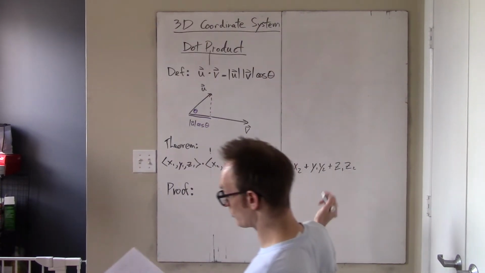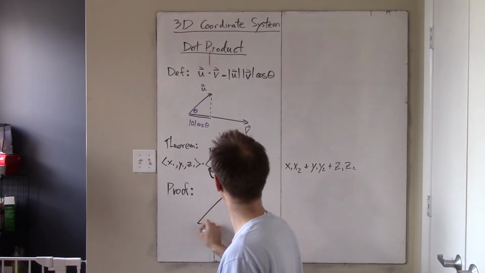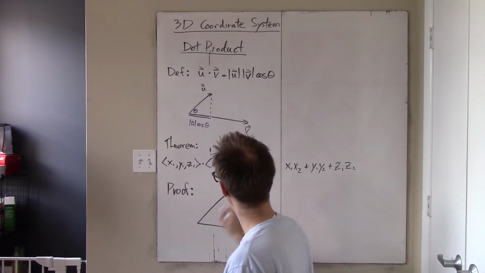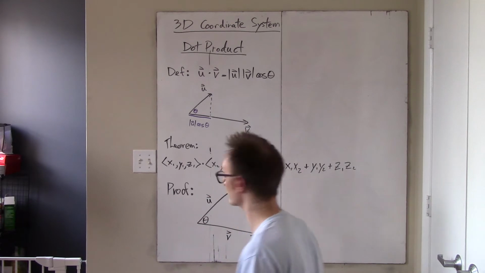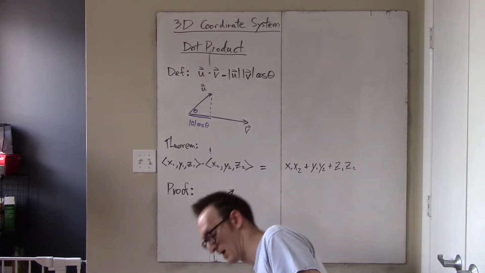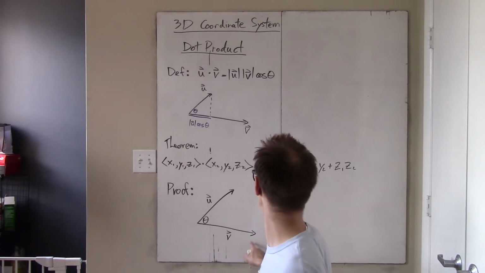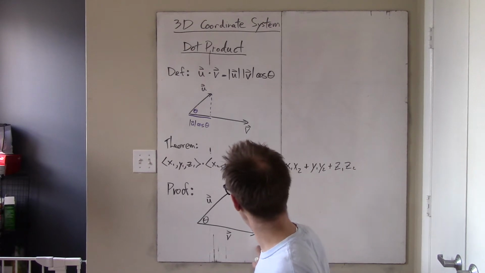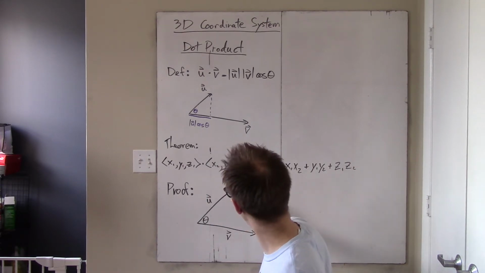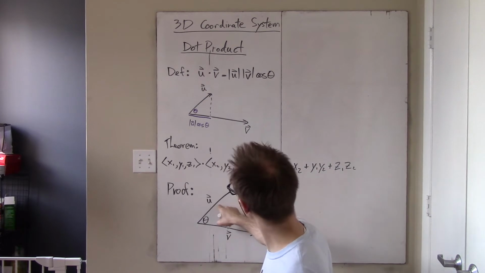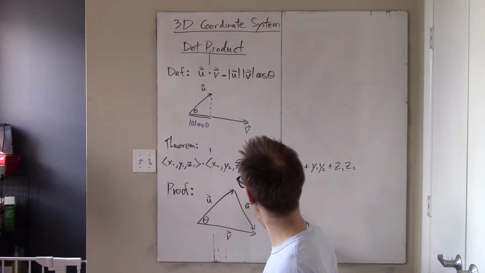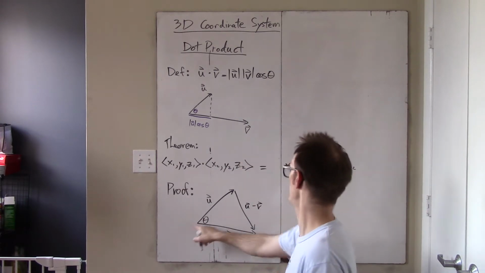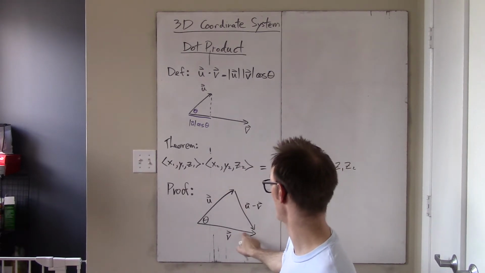But if you want to remind yourself of the proof, hopefully you did it last year with Mr. Kirk, or be given a hint on how to do it yourself, the idea goes like this. You just make a triangle here. If this is vector u and this is vector v, then this vector must be u minus v, because u plus u minus v is vector v.